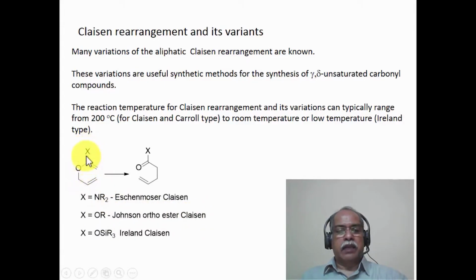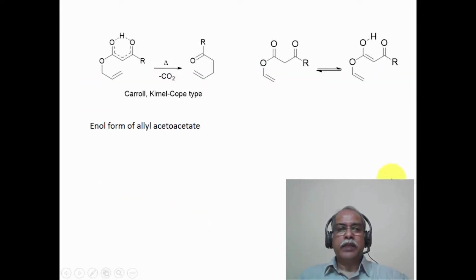If it is a trimethylsilyl or trialkylsilyl derivative, then it is an Ireland Claisen rearrangement. You can see here the Eschenmoser rearrangement will give you an amide. The Johnson orthoester Claisen rearrangement will give an ester, which is a gamma delta unsaturated ester. The trimethylsilyl derivative will give the corresponding trimethylsilyl ester of the gamma delta unsaturated carbonyl compound by these three types of variations in the rearrangement process.